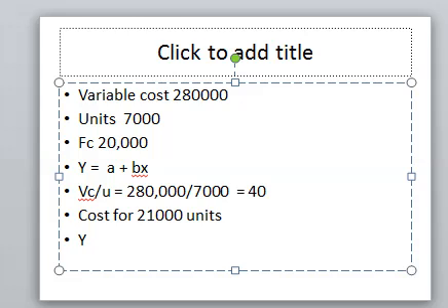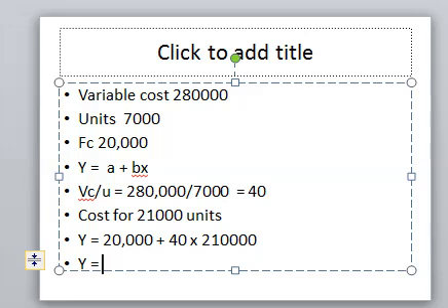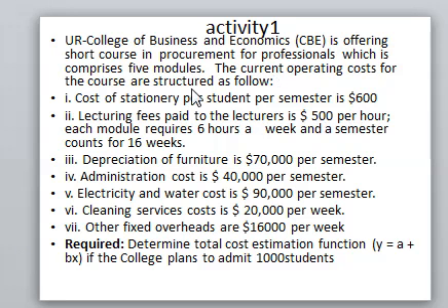Y will be equal to A, which is 20, plus B, which we got as 40, times X, which is our units, 21,000, and then you get your Y. From that, using your calculator, it can be simple. So please try this illustration.